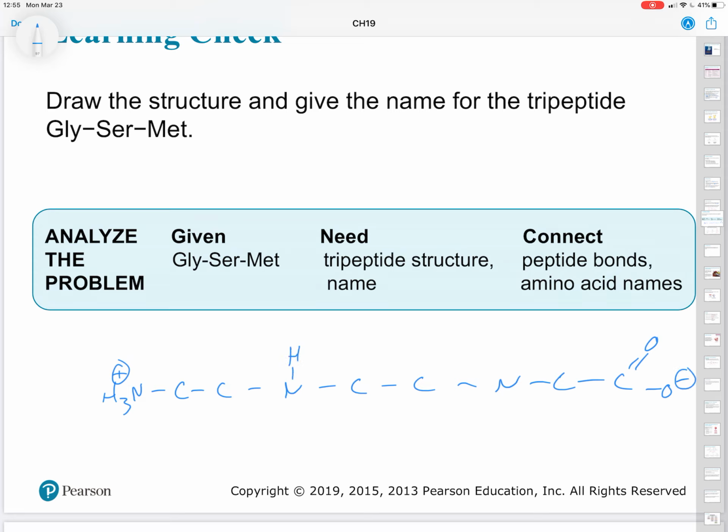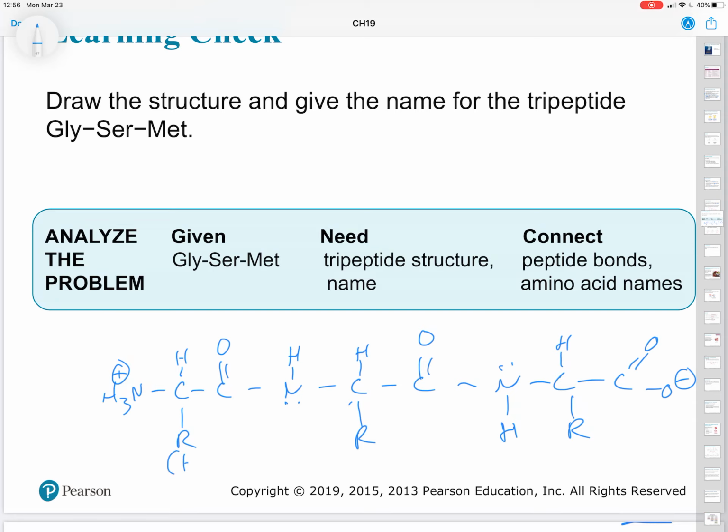The nitrogen is only going to have an H on it. The carbon here is going to be double bonded. All the C's are going to have an H on them, and then they will all get an R group. And that's the only thing that's going to be different. I don't know why I drew this guy down instead of up, but yeah. And then you would go and fill them in.